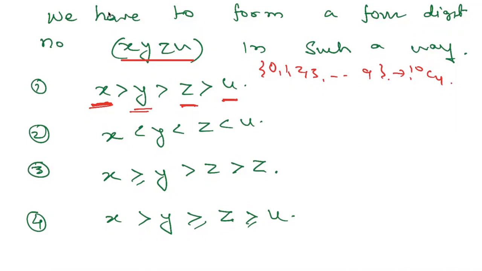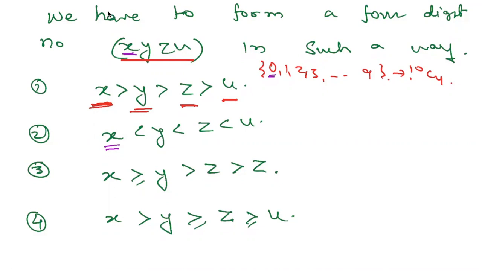But we have to be careful for second. If we are selecting 0, then 0 will go to X, and if I put X equal to 0, this will not be a 4-digit number. Anytime you select 0, you are not able to write a 4-digit number; that will be a 3-digit number.